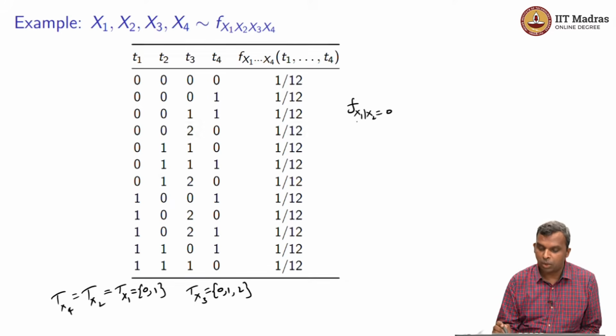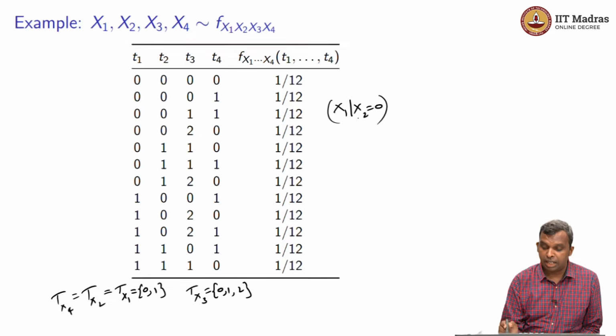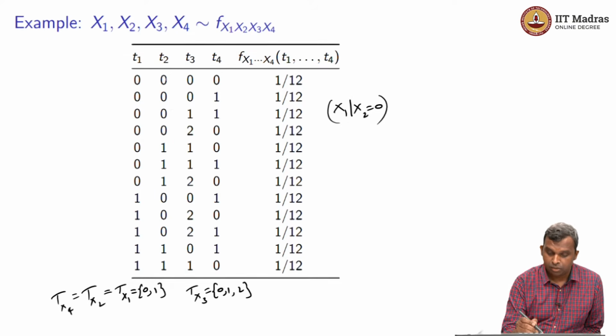And then I'm dealing with conditioning here, so let's look at x1 given x2 equals 0. Let me not write down the PMF here. Given x2 is 0, it's enough to look at the case where x2 is 0.